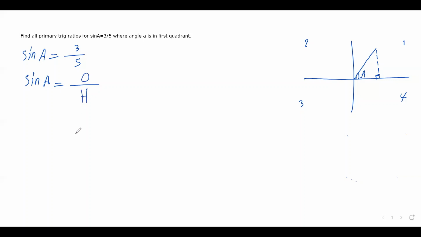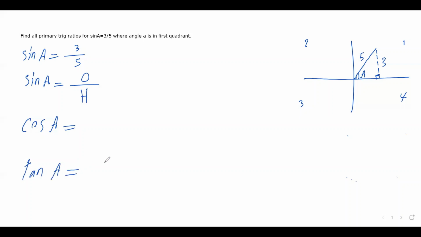My opposite side is 3, it's given, and the hypotenuse is 5, that's given as well. When the question asks for all primary trig ratios, that means sine, cosine, and tangent. So sine is given, I have to find cos A, and then I have to find tan A.